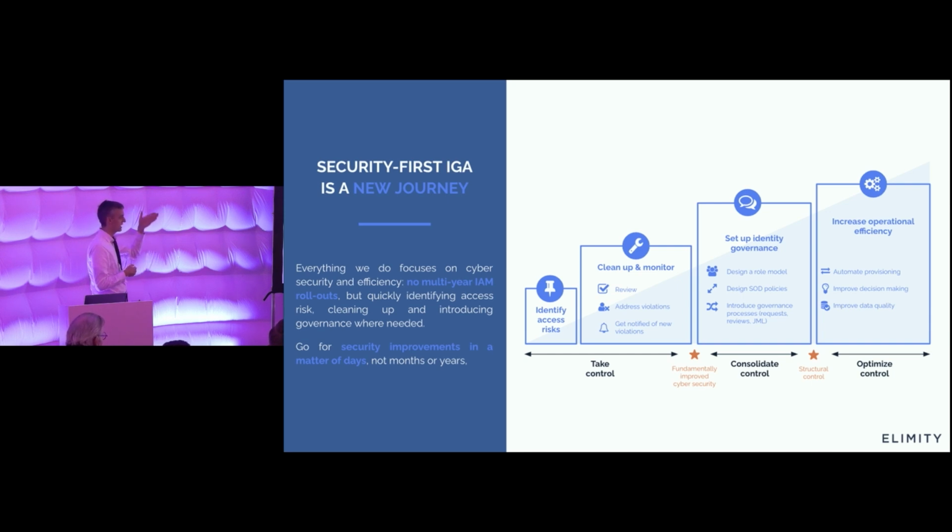Meaning focus on identifying access risks, cleaning it up, and once you get to that improved cybersecurity posture, only then start thinking of maybe implementing role models and use the data that you have in the platform for that. And only then start thinking of maybe adding structural control by automating provisioning, going the full 10 miles if you want, but focus on cybersecurity return on investment first. That's really what I'm trying to get across here today.